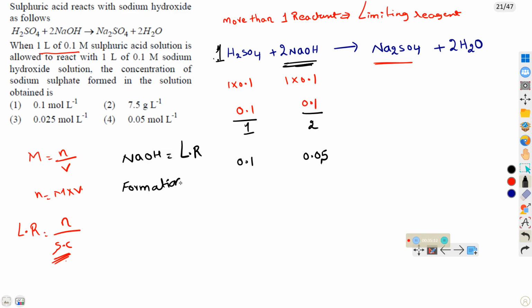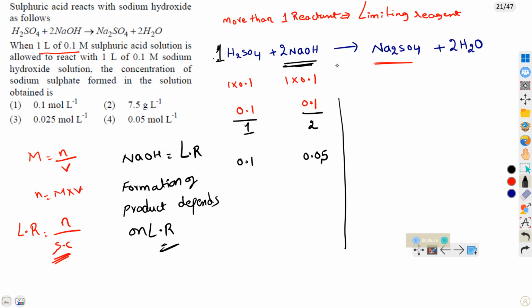Formation of product depends on the limiting reagent. According to this equation, 2 moles of NaOH gives 1 mole of Na2SO4.